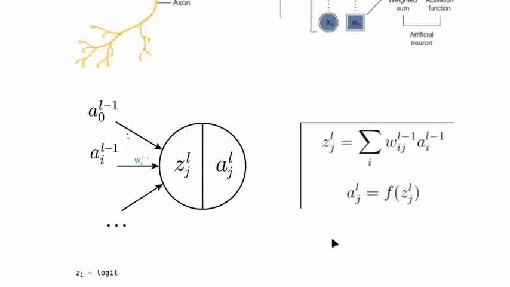Now, this figure shows the details of the operations of a neuron. The circle here represents a neuron in a layer. The L here means the Lth layer, J means the Jth neuron of that layer, and L minus 1 is the previous layer.